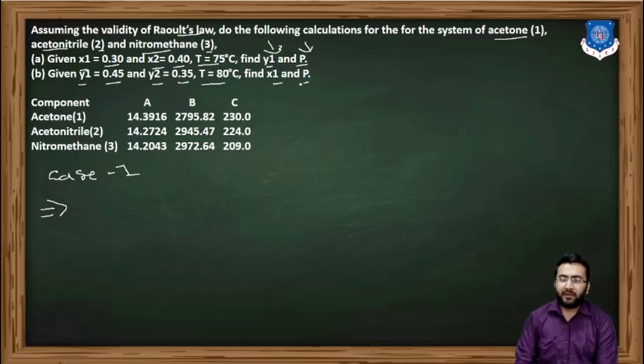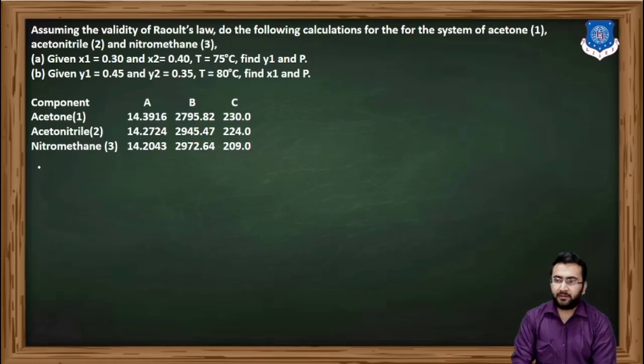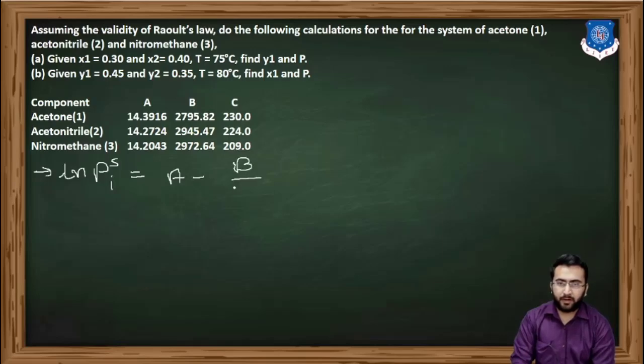Similarly, in this statement the Antoine equation is not given, so we have to remember it. The Antoine equation can be given by ln PiS is equal to A minus B upon T plus C. The various Antoine constants are given here for acetone, acetonitrile and nitromethane.